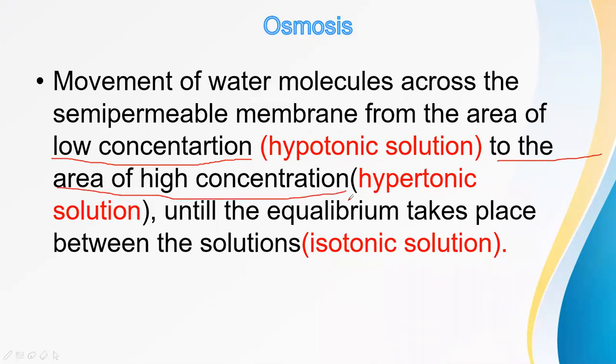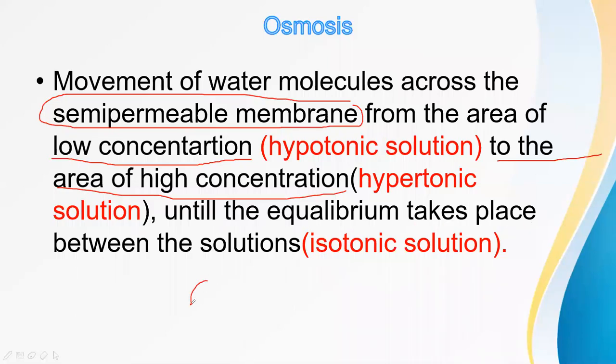It's opposite to diffusion, but you must remember we have to use the words across the semi-permeable membrane. These words give the exact meaning of osmosis. This osmosis occurs until the equilibrium takes place between the solutions.